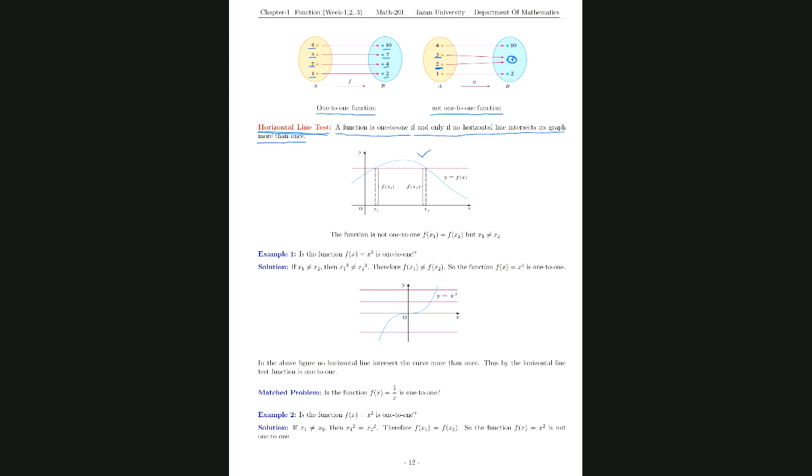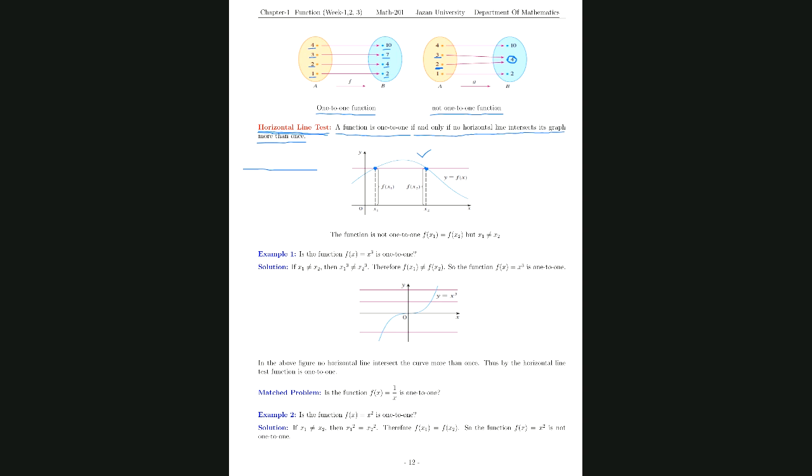If you take a horizontal line, this line, this is a horizontal line, see this horizontal line cutting here and here, 2 points. So this function is not one-to-one. All horizontal lines must cut the graph at only 1 point, not 2 points, not 3 points. But here this horizontal line cuts the graph here and here, it means this is not a one-to-one function.